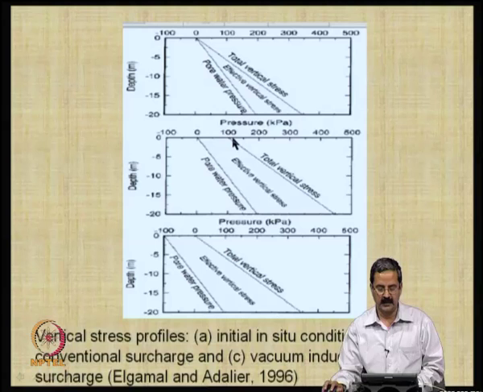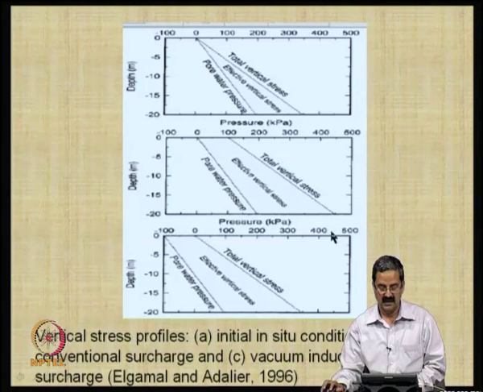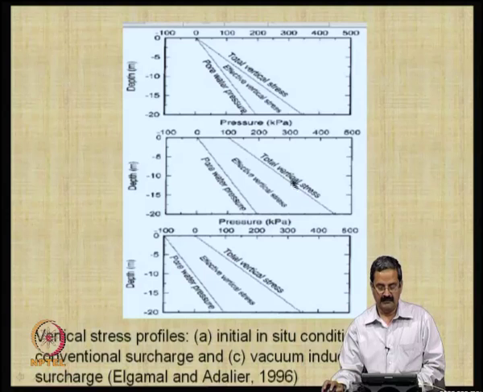Now, what did you do with the consolidation or the conventional surcharge? You have increased the total vertical stress, okay. The pore pressure line is here. So, you have increased this range of effective stresses, that is what we did, and you can see that it starts from 0 pore pressure and then increases.